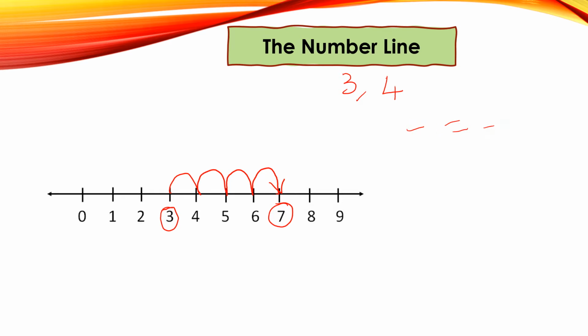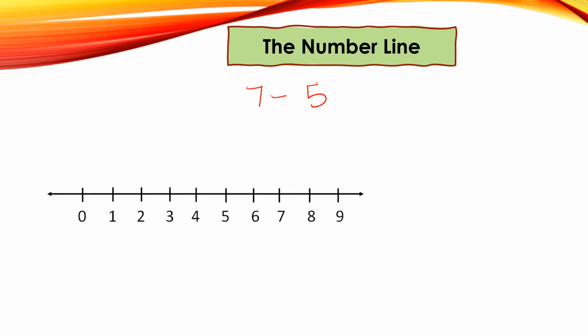Similarly, we can subtract two whole numbers using the number line. Let us see how to do that. If I am planning to subtract 5 from 7, let us take this example. So what am I supposed to do? I should start from 7.